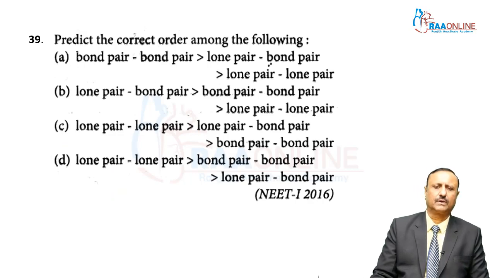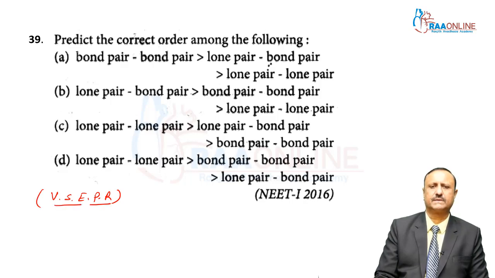Here, predict the correct order. It's VSEPR theory, my dear students, valence shell electron pair repulsion theory. In this theory, we can see that repulsion between lone pair and lone pair is greater than lone pair and bond pair, and repulsion between lone pair and bond pair is greater than bond pair and bond pair.